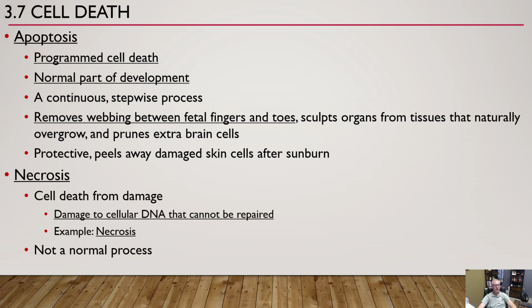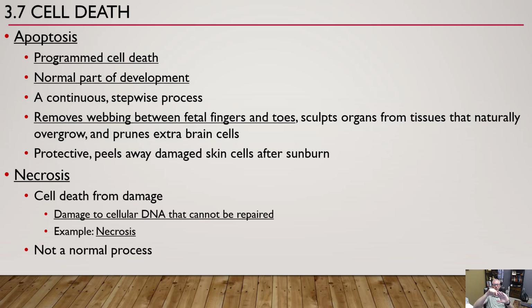All right, cell death. So obviously cells have to die. We have two types of cell death. Apoptosis is basically programmed cell death. It's a normal part of development. It follows a very stepwise process, which we'll talk about in a couple of slides.